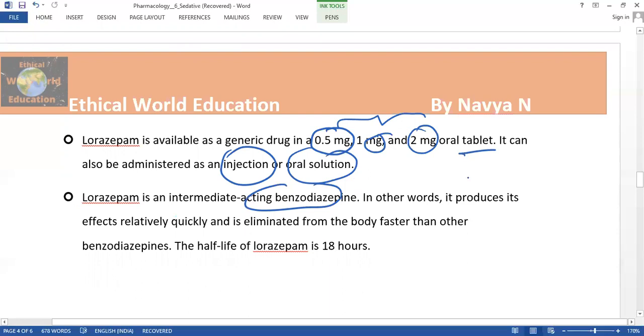In other words, it produces its effects relatively quickly, and it is eliminated from the body faster than other benzodiazepines. The half-life of lorazepam is about 18 hours, so it eliminates from the body easily.